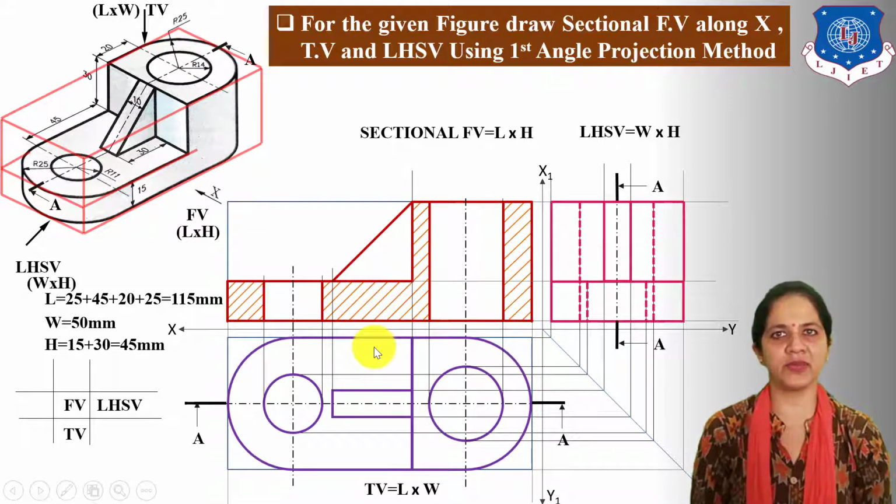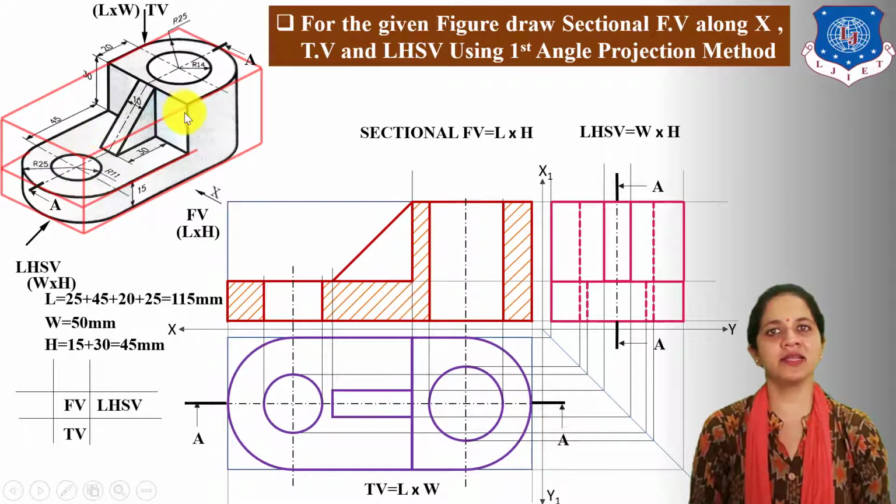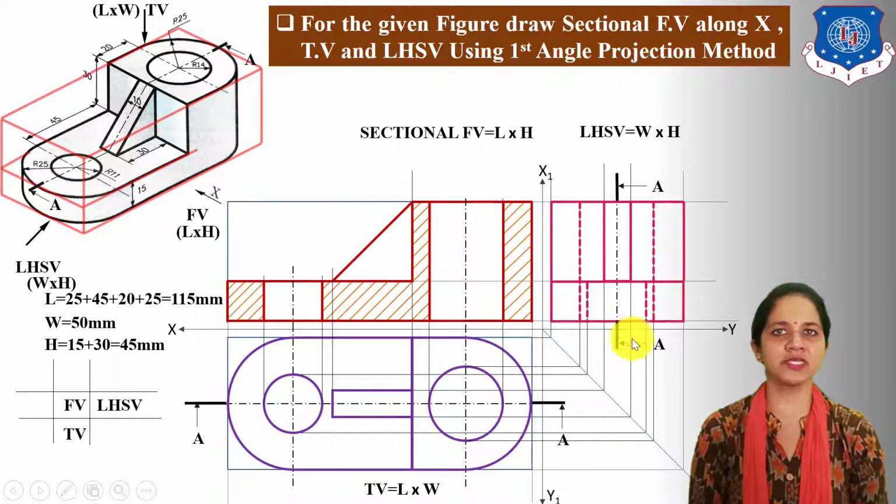Now one thing remember in sectional orthographic projection, first draw orthographic projection of given 3D object, then consider cutting plane as per asked question and do necessary changes in particular sectional views and remaining views are not affected by cutting plane.